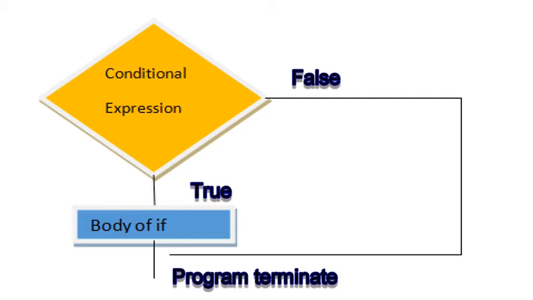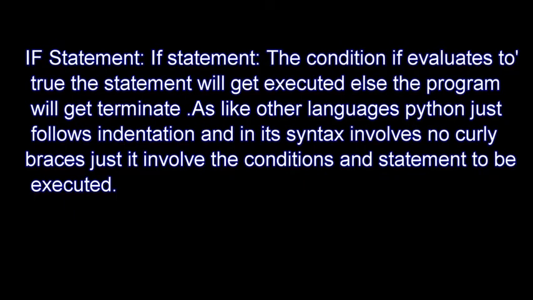If the condition evaluates to true, we work upon the body, and if it evaluates to false, we end the flowchart. So in an if statement, only the true result is acted upon. If the result is false, the program is terminated at once.